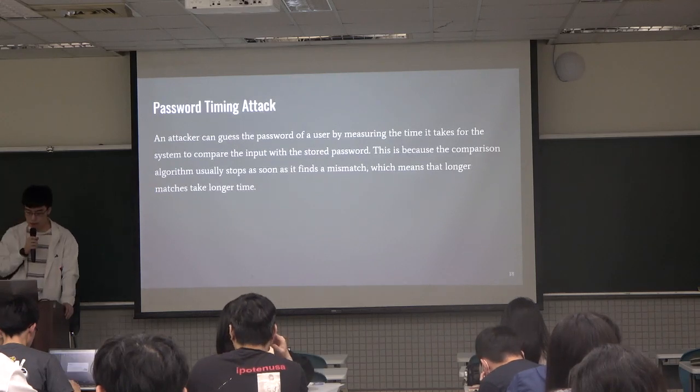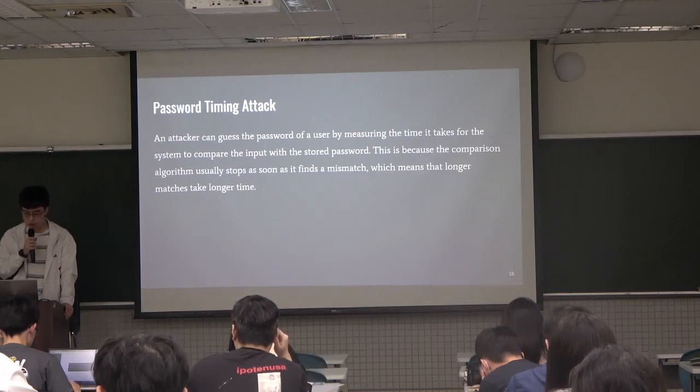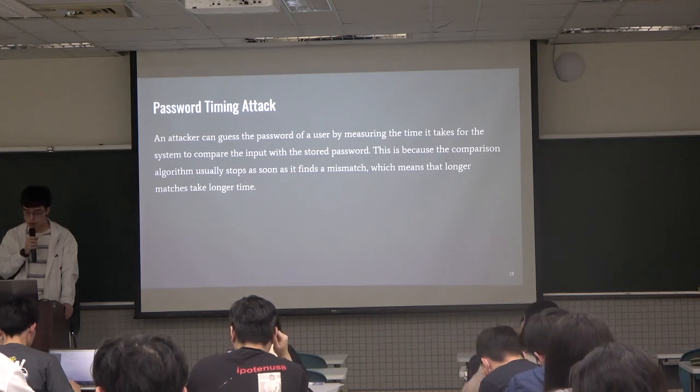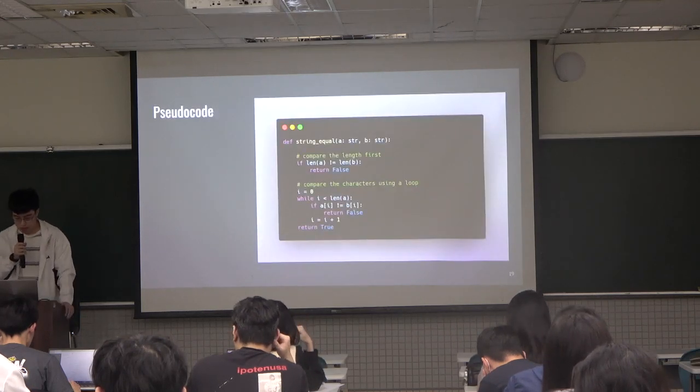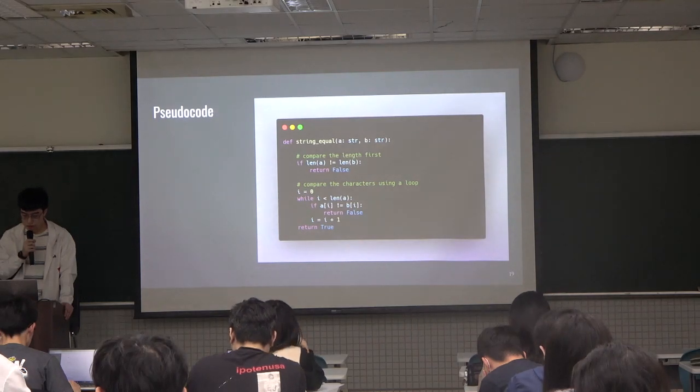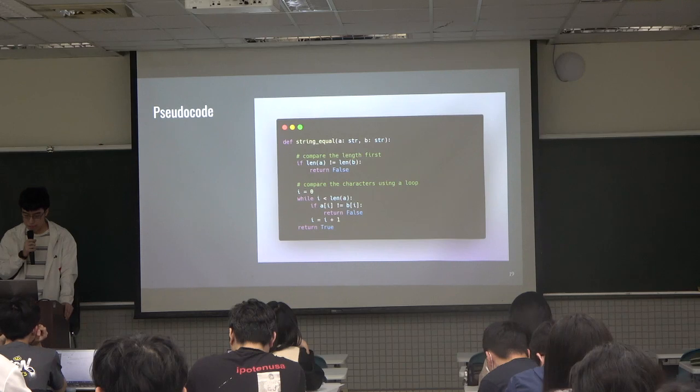And the last one, and also the main focus of the following demonstration, is the password timing attack. Before running the scripts, we need to understand how computers compare two strings. This is the pseudocode for a function that checks if two strings are the same.